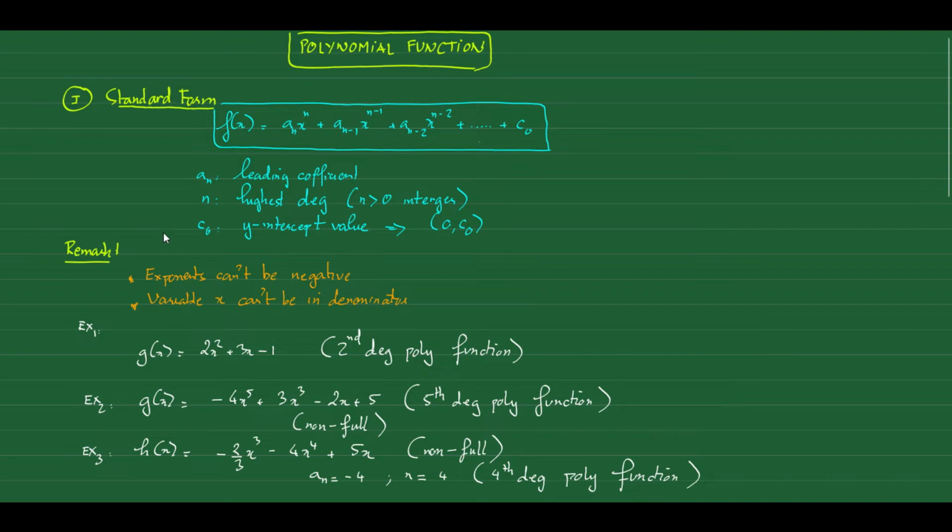However, most of the time, especially with higher degrees, it's very hard to find where the function intersects the x-axis. I'm not going to say that it's impossible, it might be possible. However, it's very hard to find the intersection point between the graph of a polynomial function and the x-axis.